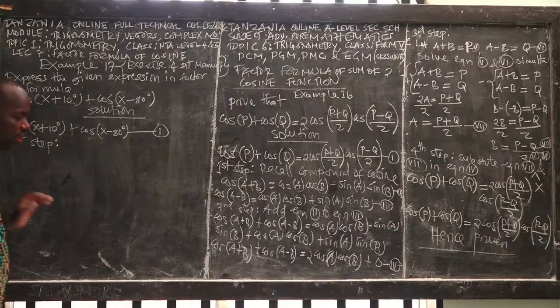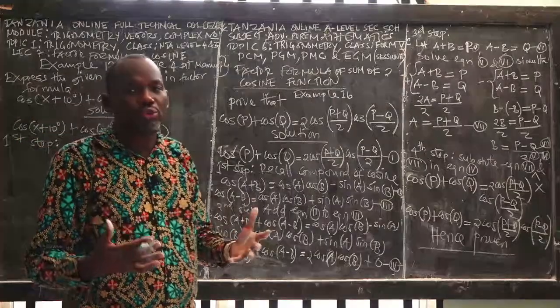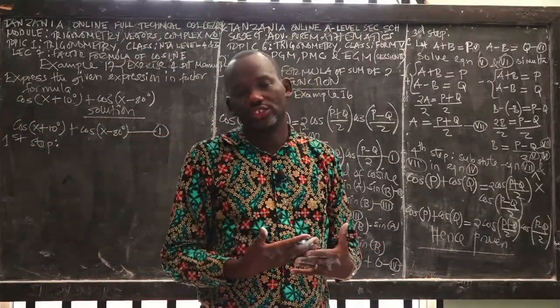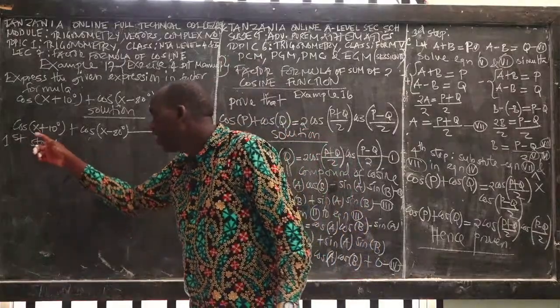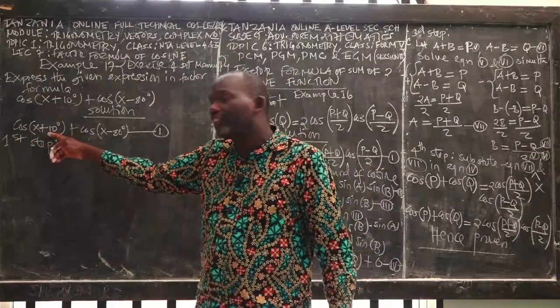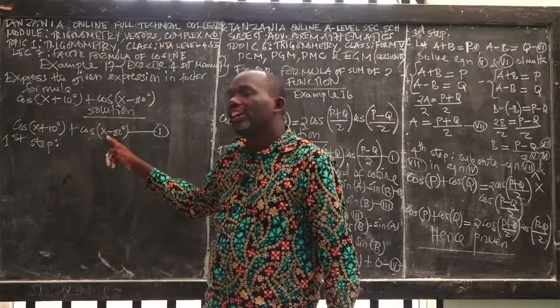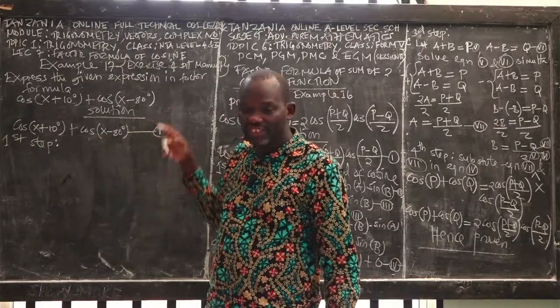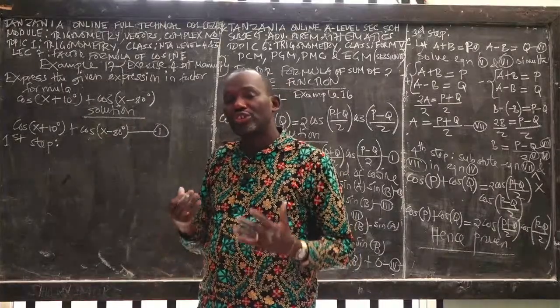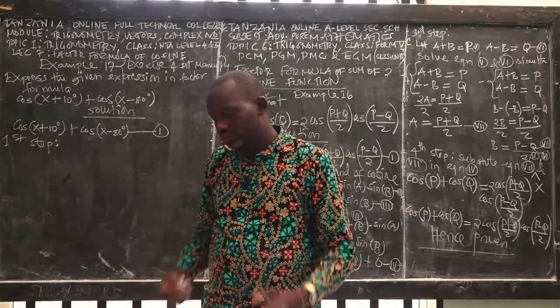It is a sum of two cosine functions. This is the cosine function with angle x plus 10 degree, and this is the cosine function with angle x minus 80 degree. So it is a summation of two cosine functions with different angles.